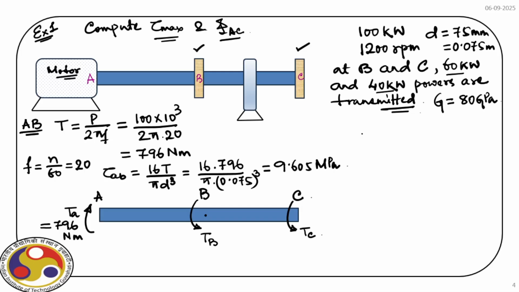So we can calculate phi of AB. Phi of AB is, if you recall the expression, T times L divided by G times IP. So if we put the expression, say T is equal to 796 times length of the shaft, which is 1.5 meter.